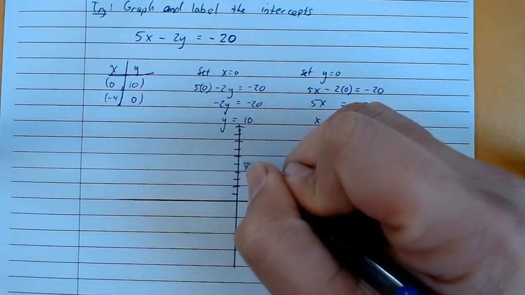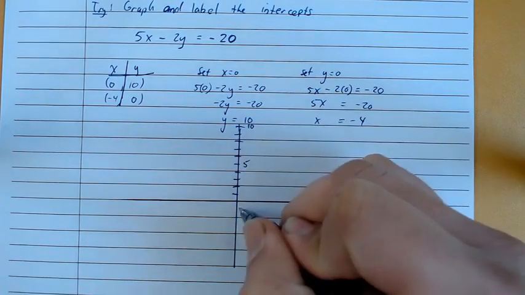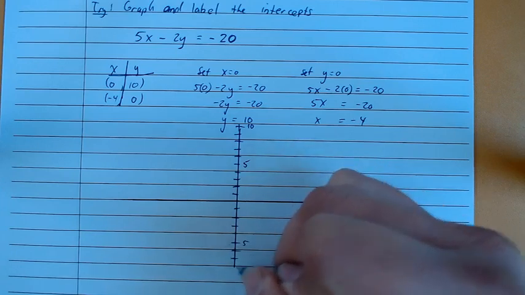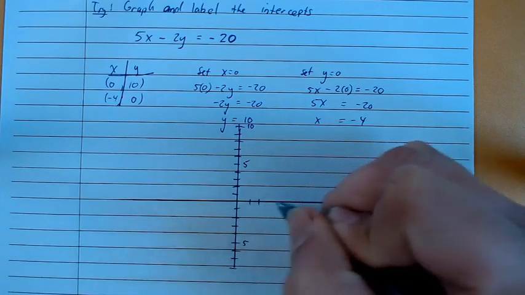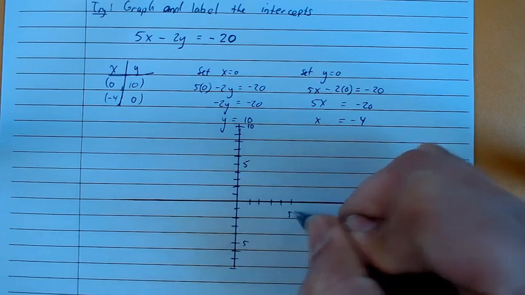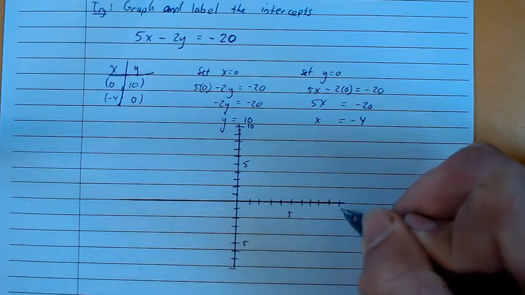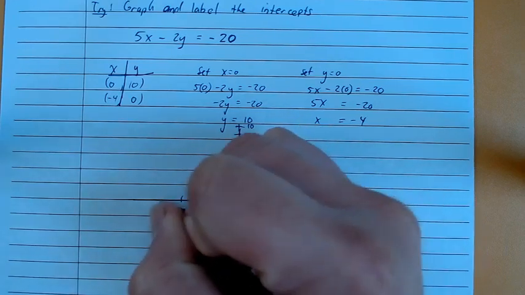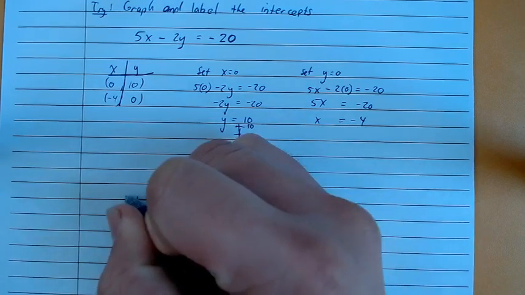Let's see, that's 5 and 10. 1, 2, 3, 4, 5, 6, 7, 8. 1, 2, 3, 4, 5, 6, 7, 8, 9, 10.